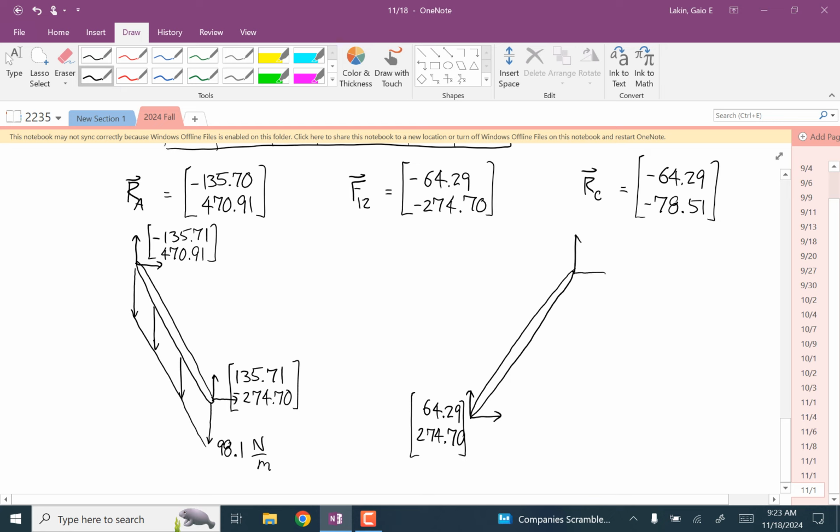Up at the top, we have negative 64.29, negative 78.51, and then the uniform distributed load for the weight. And again, that's 98.1 newtons per meter.